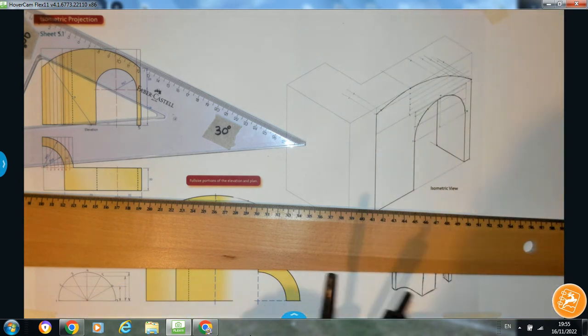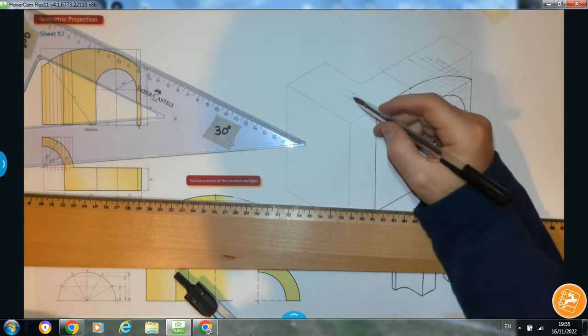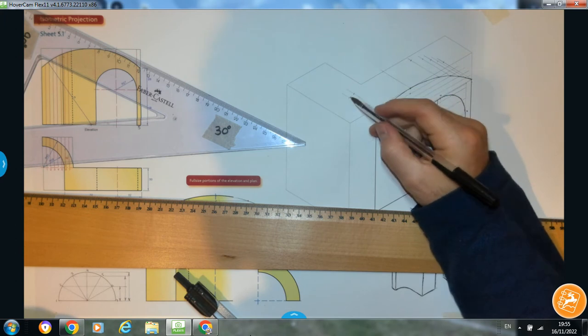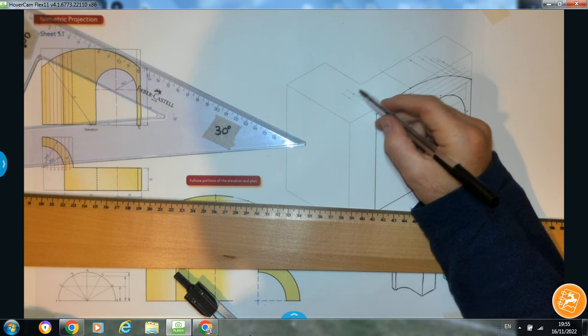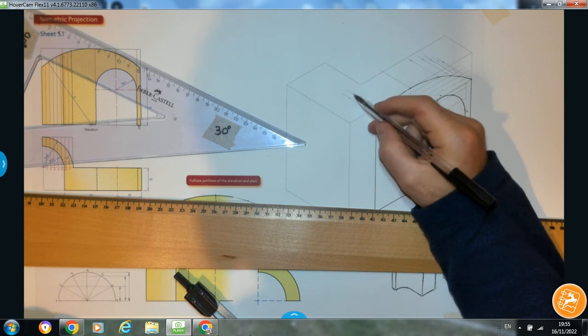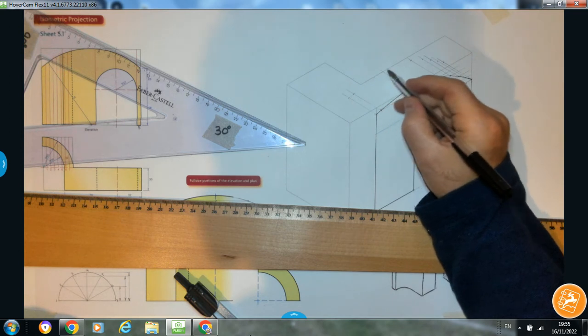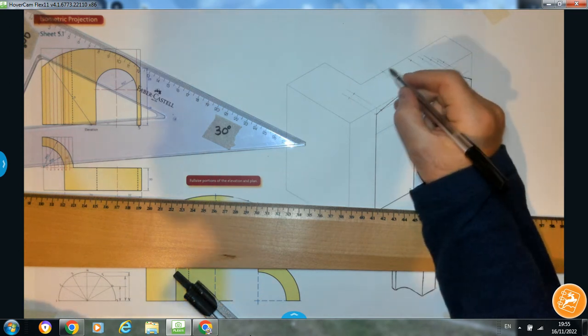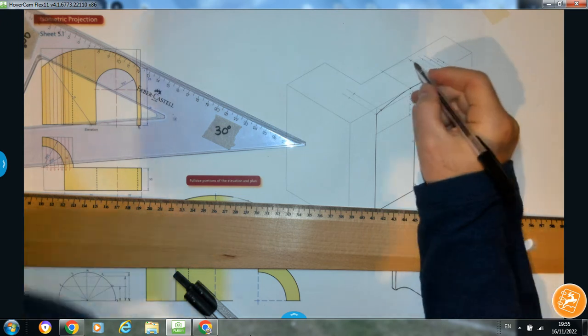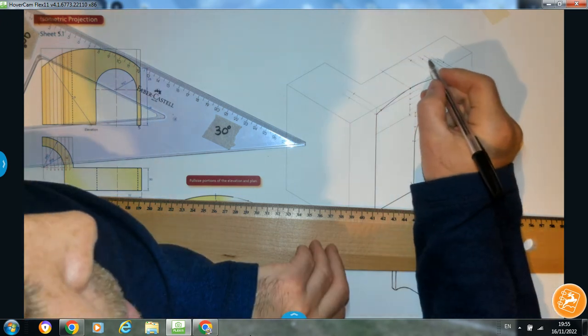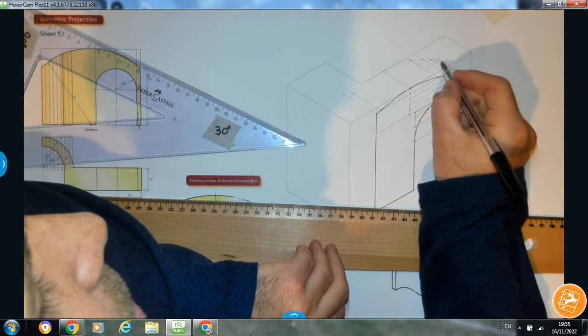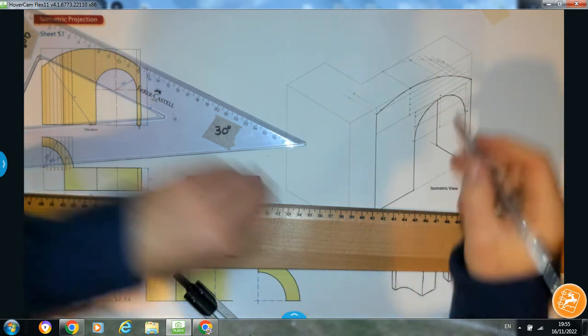Now, just very lightly, this probably isn't correct here, as in I don't need to put it in, but I'm just going to do it ever so lightly, just to give me a guide of what the curve looks like. So through all the points, there we go.